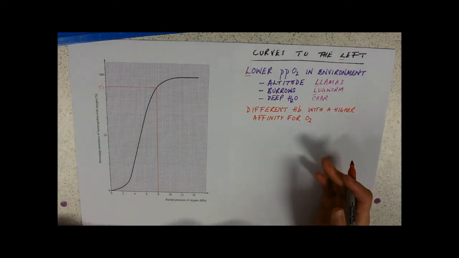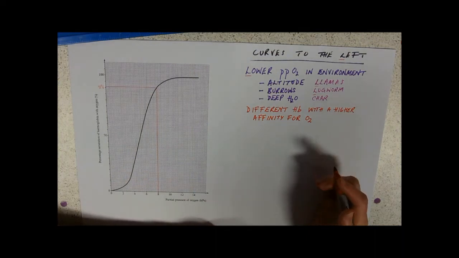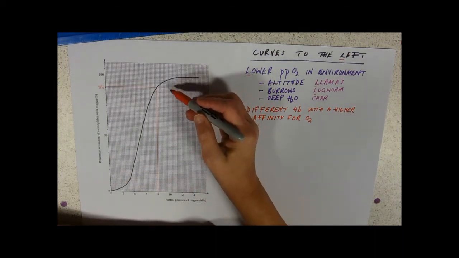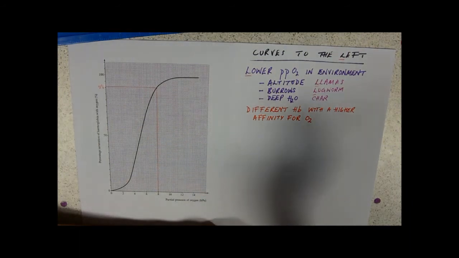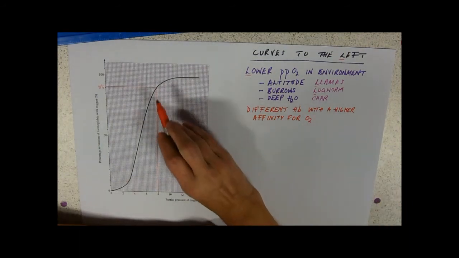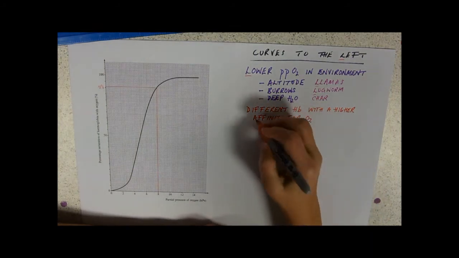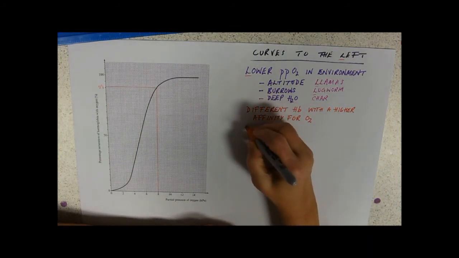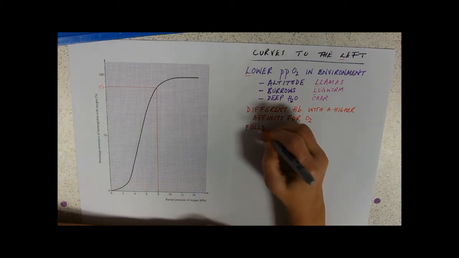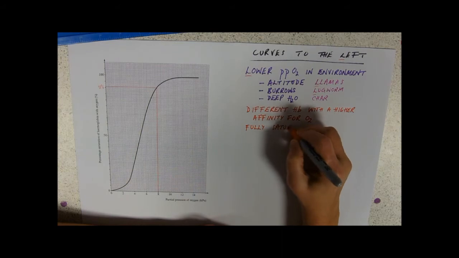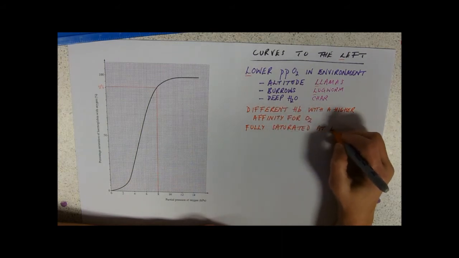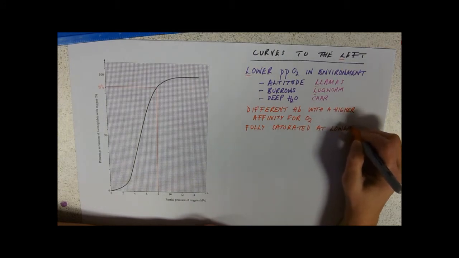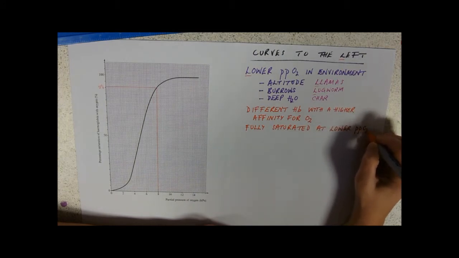Now that means that instead of fully loading only at, say, 11 kilopascals, it will take the oxygen even at 8 kilopascals. So, this hemoglobin gets fully saturated at lower partial pressures of oxygen.